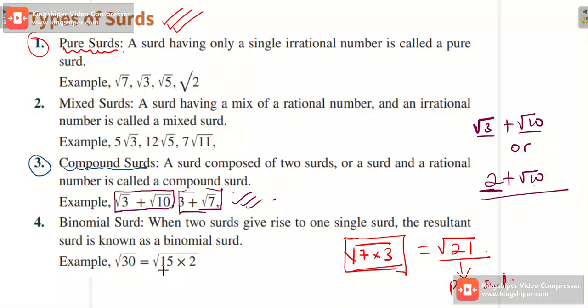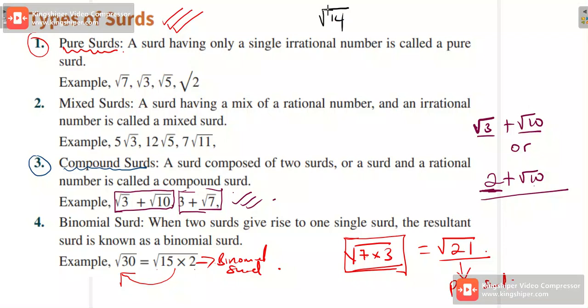Another example is root of 15 times root of 2, because it can produce a pure set, which is root of 30. So in this case, this is called a binomial set. So think of more binomial sets. Let me give you one more. Let's say we have root of 14.